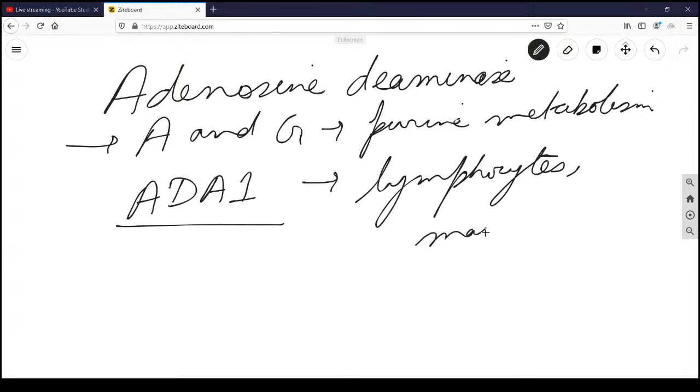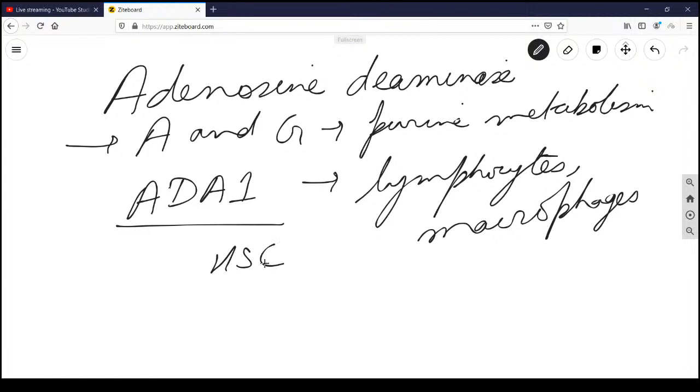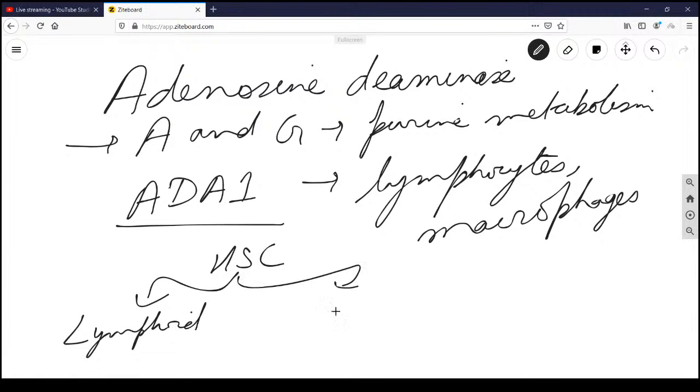It is found in these cells. And these cells result from where? They come from hematopoiesis, that is the bone marrow cells. Hematopoietic stem cell, I told you, makes lymphoid progenitor cell. From there, these cells will come out. From myeloid progenitor cells, other granulocytes will come out, right?